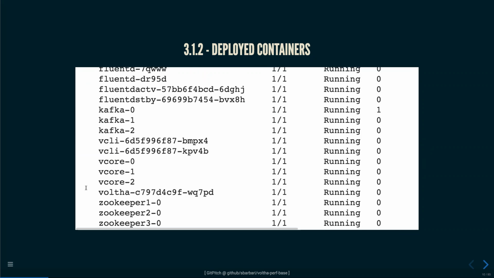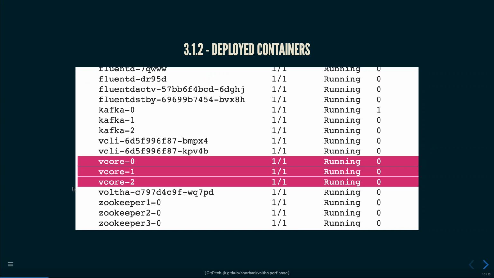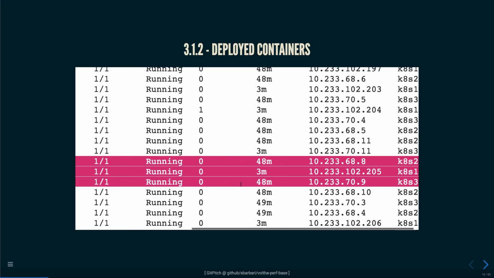The devices are actually being distributed across all 3. It's a round robin type operation, so it creates one on the first instance, then the next one, and so on. You can see those are running on separate containers, K8S 1, 2, and 3.